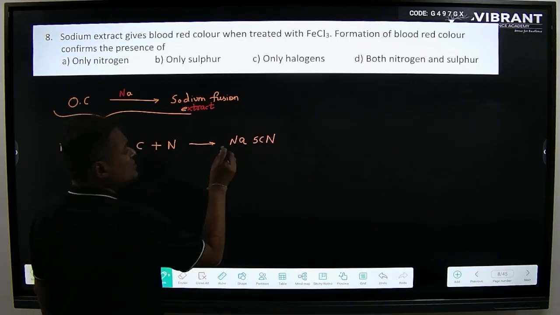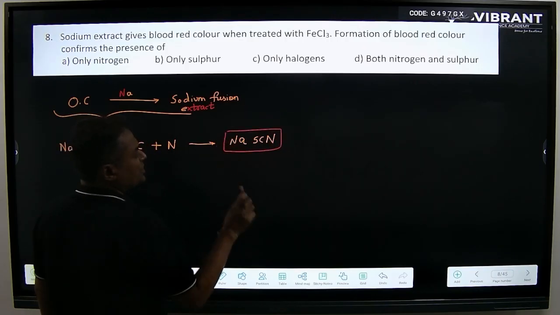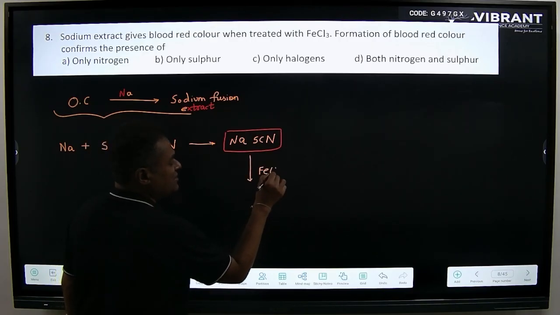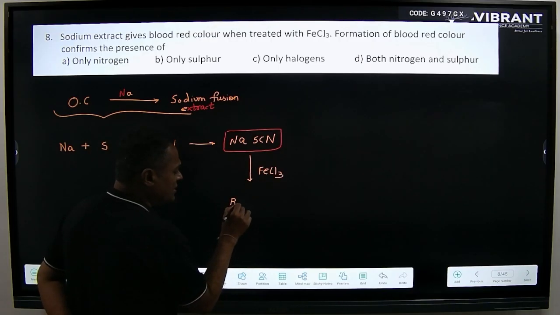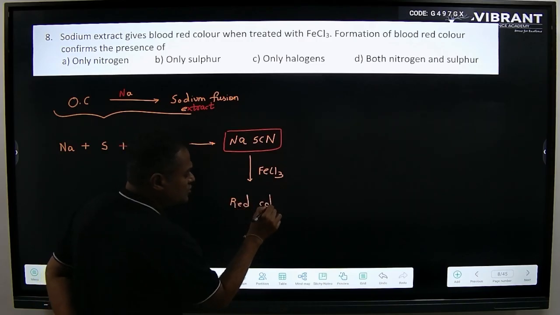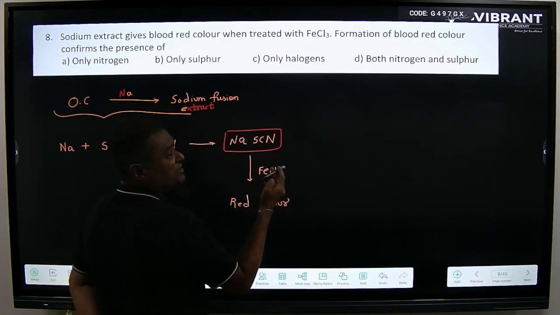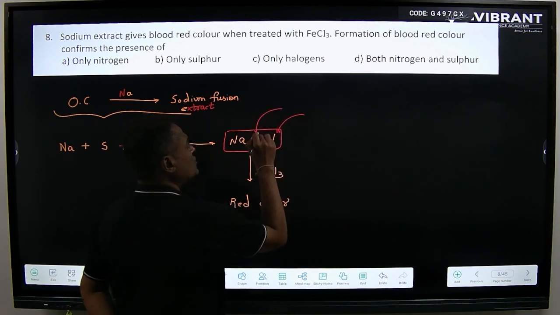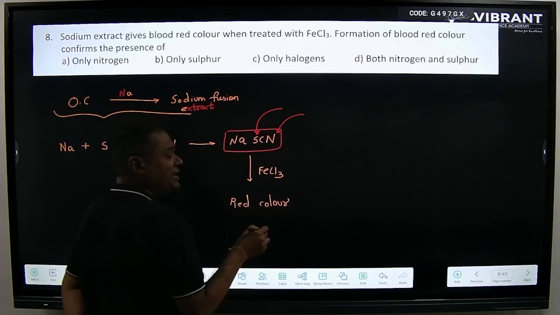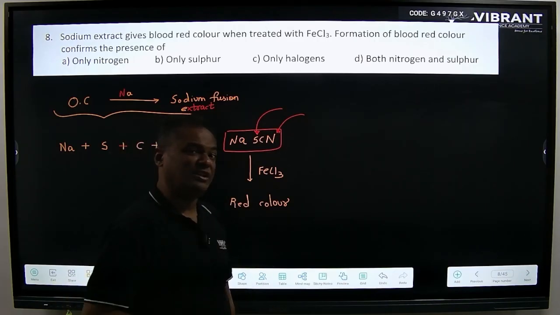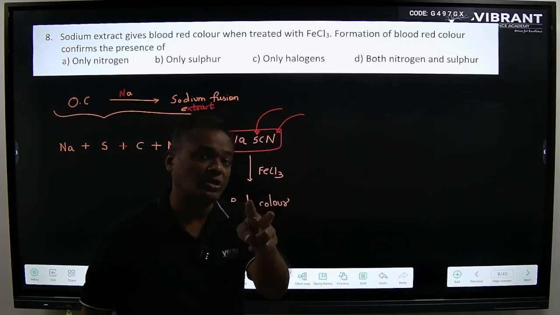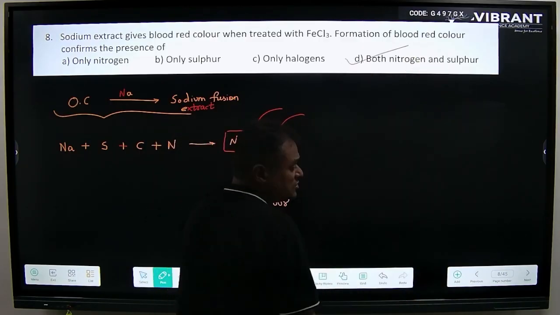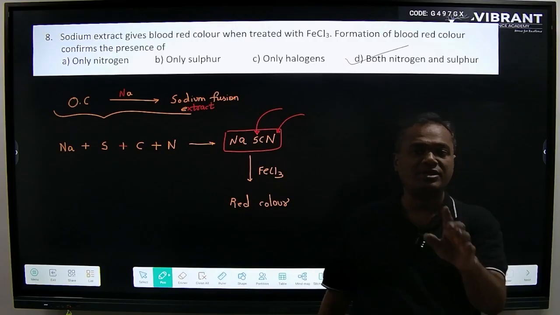So, this is what is formed in the sodium fusion test, and when this is treated with FeCl3, you get a red colored solution, which confirms the presence of nitrogen and sulfur, because this test will be positive only if sulfur and nitrogen both are present, and that is why the correct answer is both nitrogen and sulfur. I hope this is clear, child.